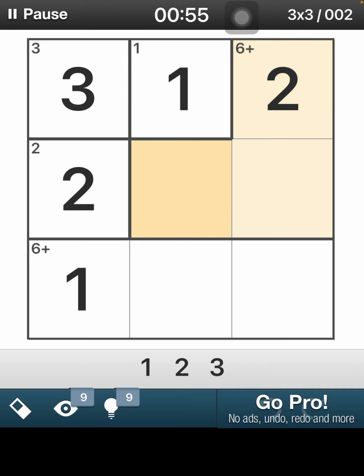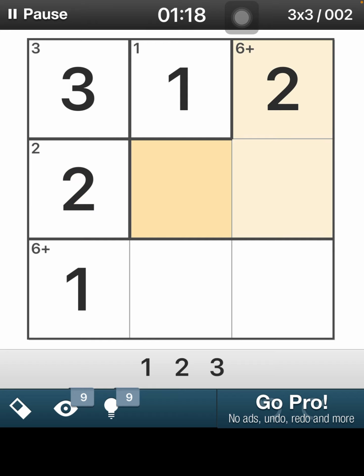Let's look at this square. I know it has to be one of the 3 numbers I have. 1, 2, and 3. I know that it cannot be a 2 because there's already 2 in this row.